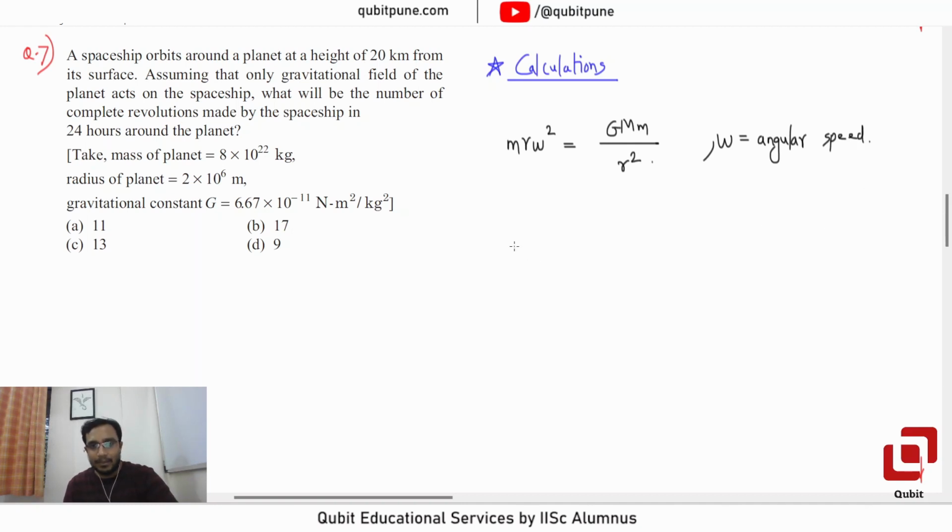So I can now write omega as root of G capital M, small m will get cancelled. This r will be in the denominator, so that will become r cubed.